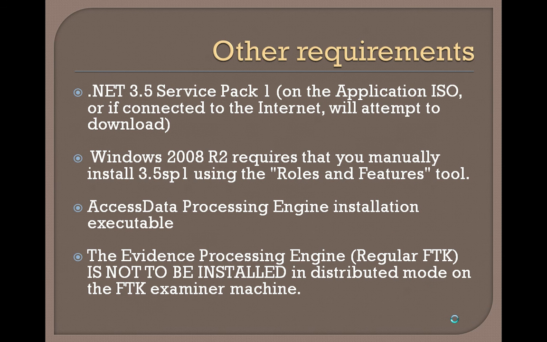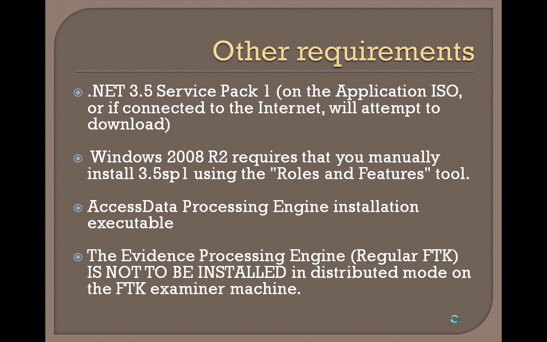Other requirements: .NET 3.5 Service Pack 1 needs to be installed on the machines to make this work. If you're using Windows Server 2008, there are some considerations about installing .NET Service Pack. You can look at the release notes from AccessData if you need to in regards to that. Just wanted you to be aware.